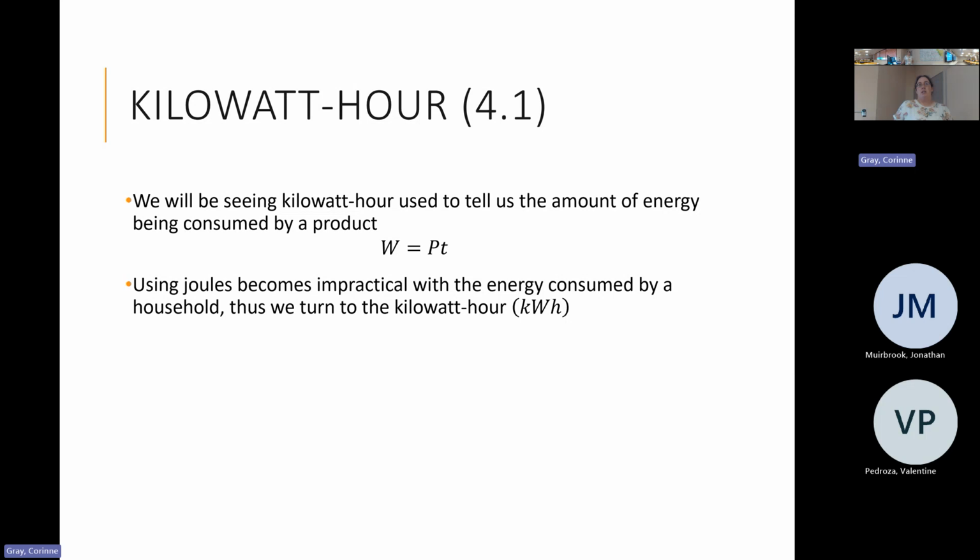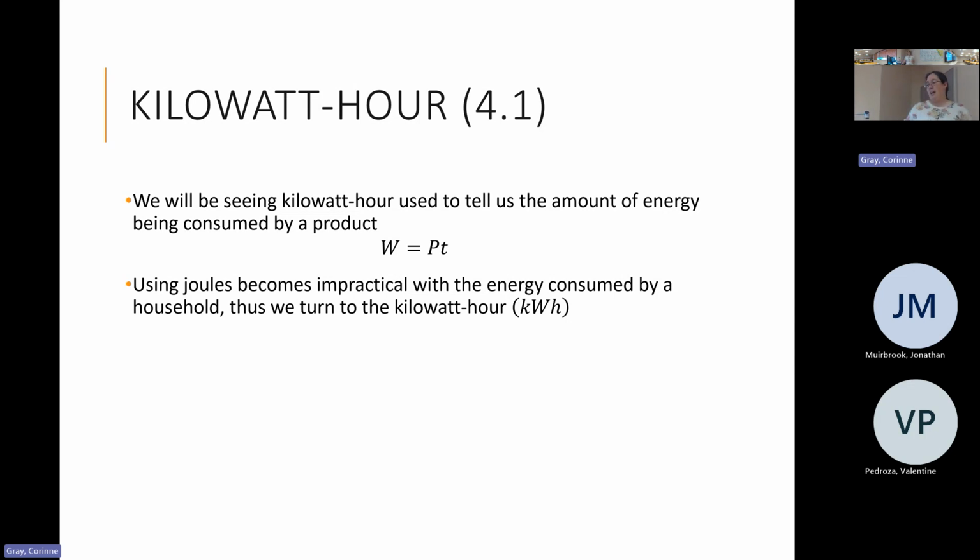The reason we use kilowatt hours, again, is the joule is impractical. It is a relatively small value in comparison. So when you're using electricity over the time span of a month, you're going to be dealing with very, very, very large numbers. And as we talked about a little bit last week, human brain's not very good at understanding how big things are.